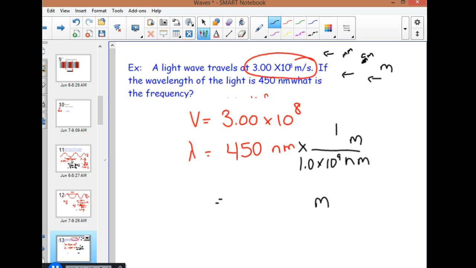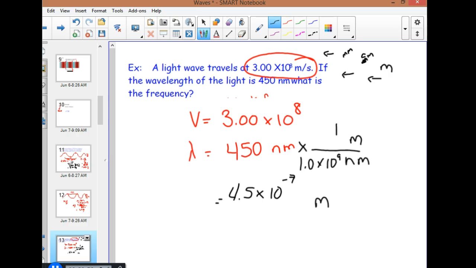You would not multiply by this. So that is equal to 4.5 times 10 to the negative 7 meters.